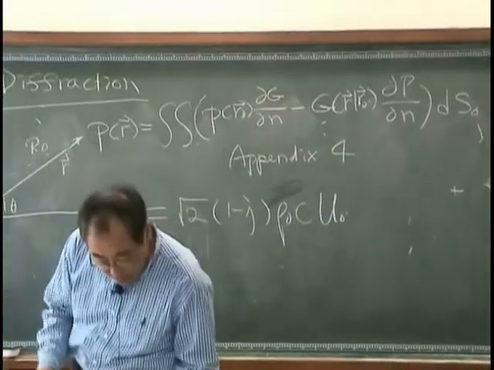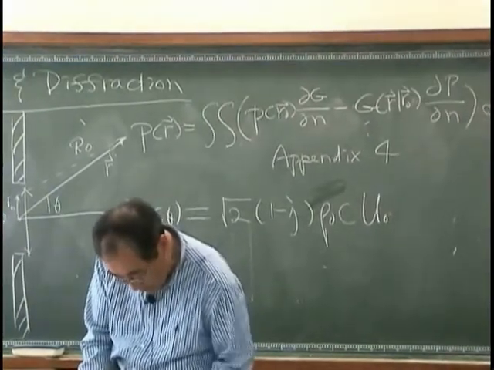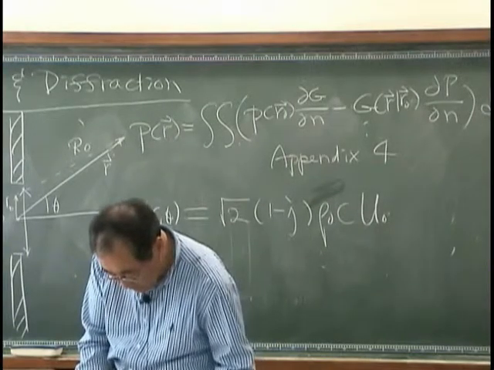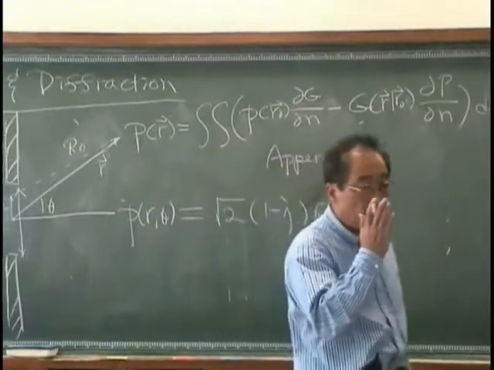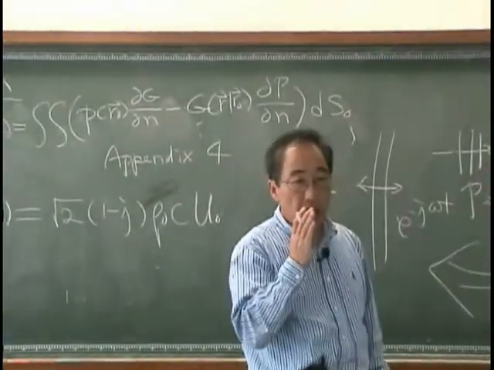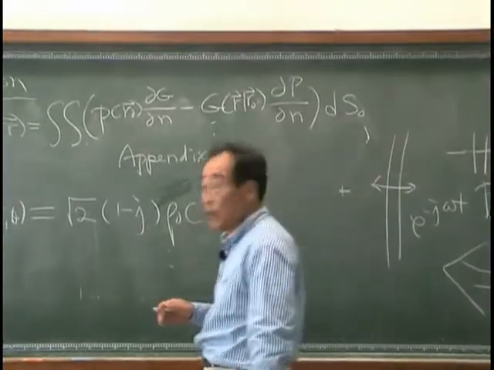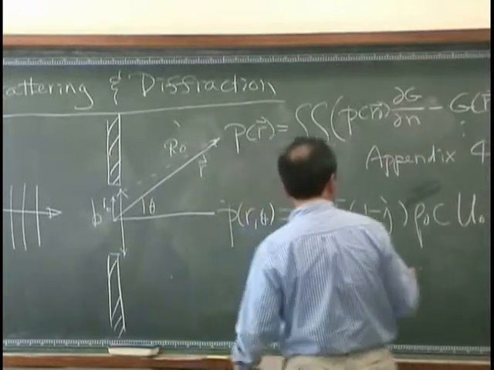What is U0? U0 is the velocity of the fluid particle at the surface S0. Okay, the velocity of the particle over here, and it's U0.